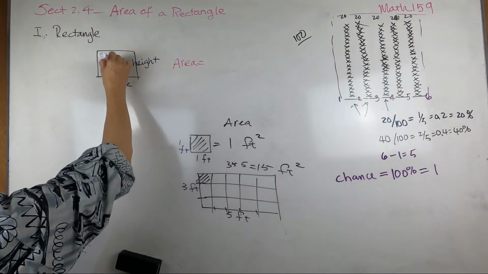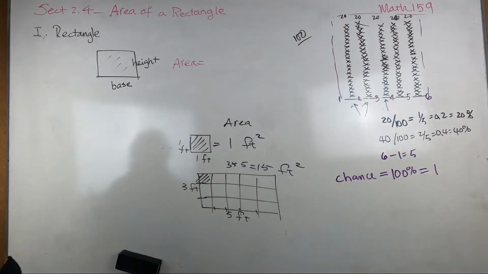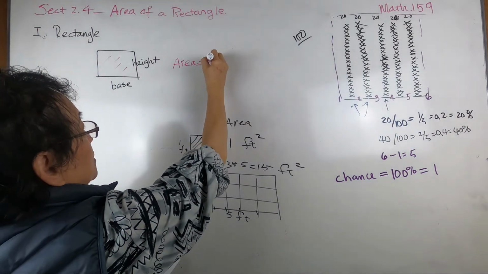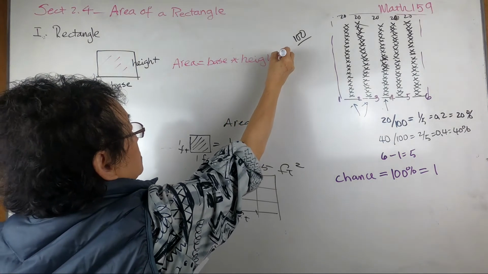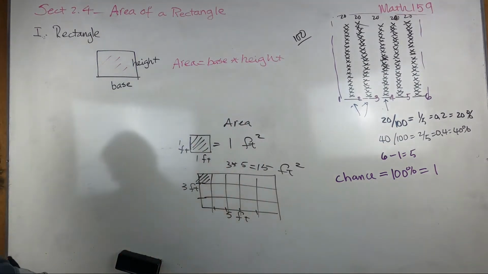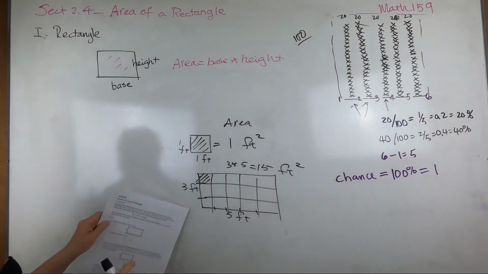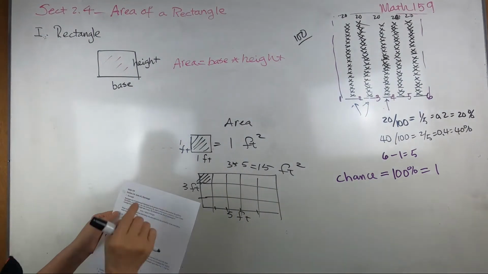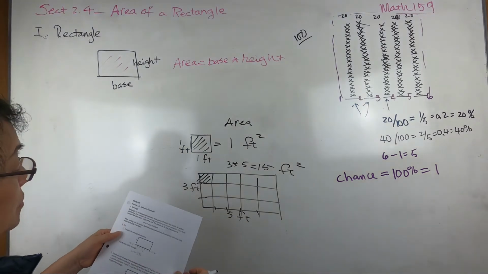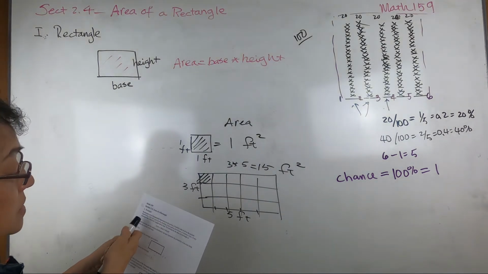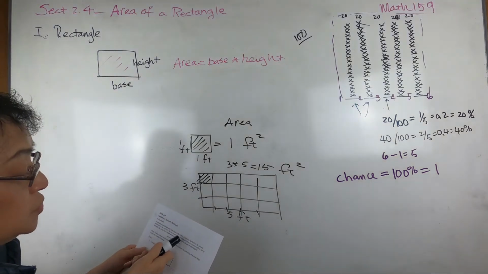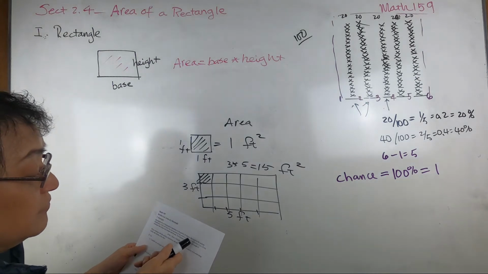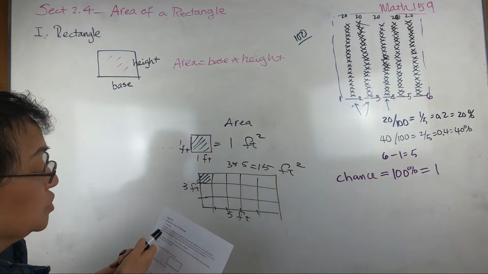We want to measure how big a rectangle is, right? Then the area would be base times height. That's how we do it. Okay, look at your paper on the top to describe the rectangles. It says rectangles are of fundamental importance in the portion of statistics that involves the uniform distribution.